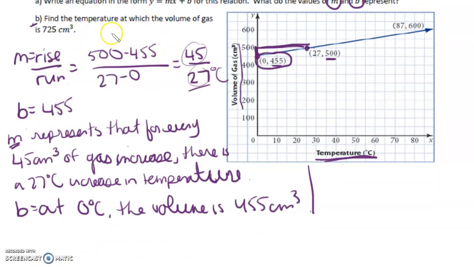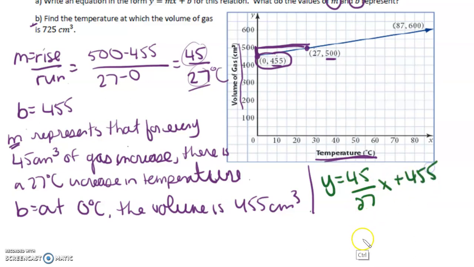Okay, now find the temperature at which the volume of gas is 725. So I would, oh, we didn't even make the equation. Let's make the equation first. So y equals 45 over 27x plus 455. And now let's sub in 725 centimeters cubed. Well, if it's centimeters cubed, we're talking about the y value.